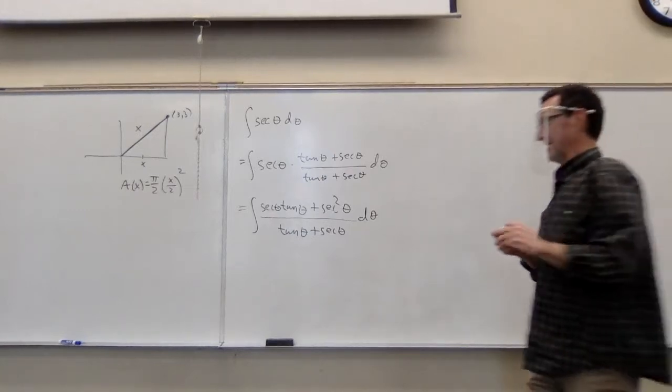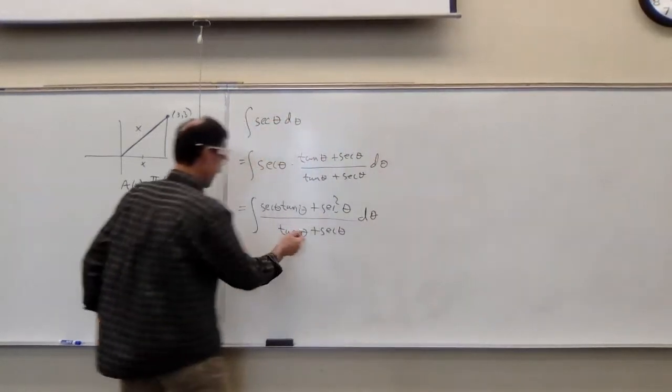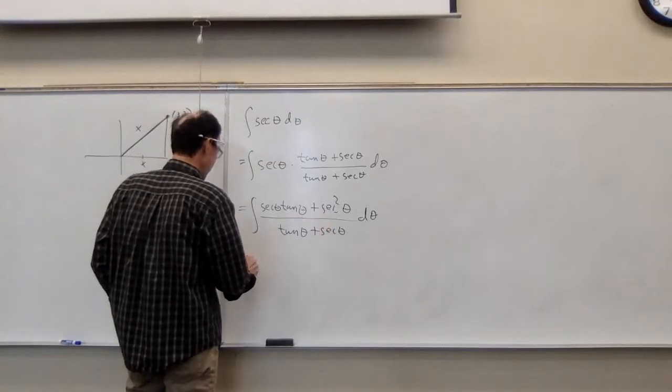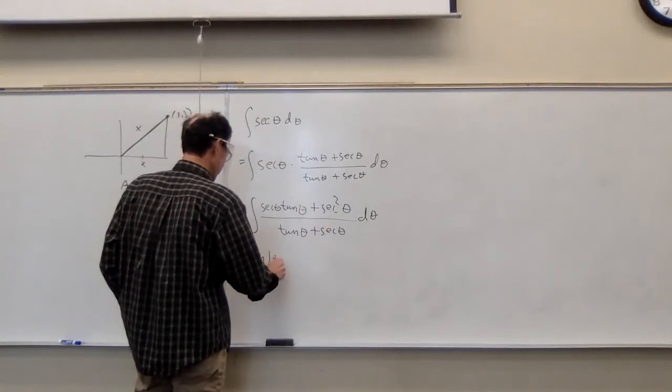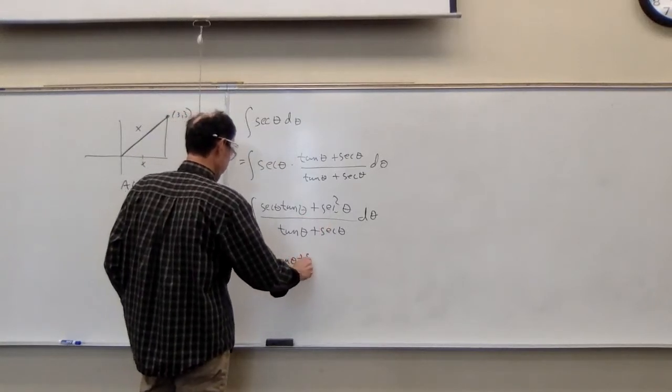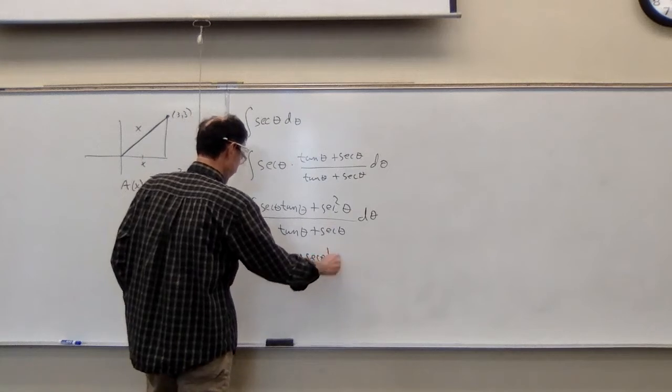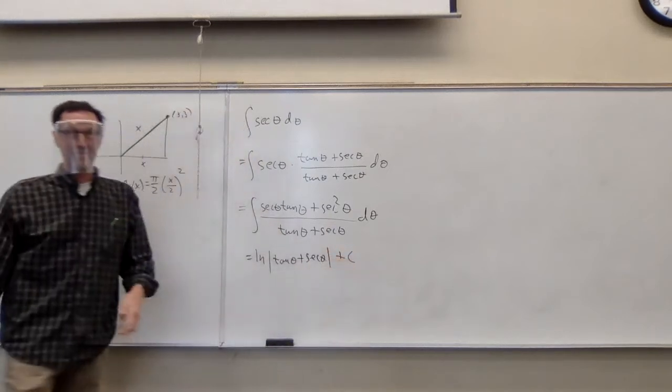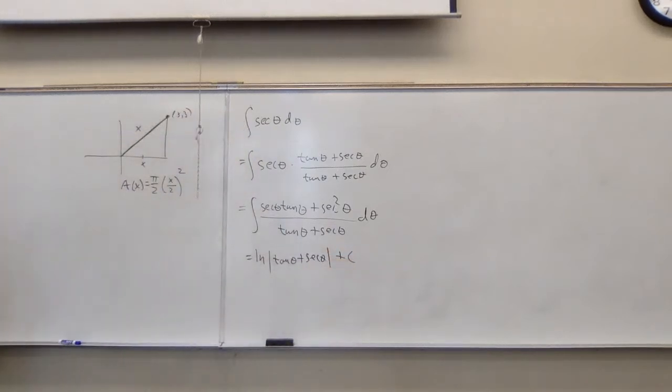ln. So here we have it. And tangent plus secant can be negative, so we need absolute values in it. And well, plus c for good measure. It's tricky, but true.